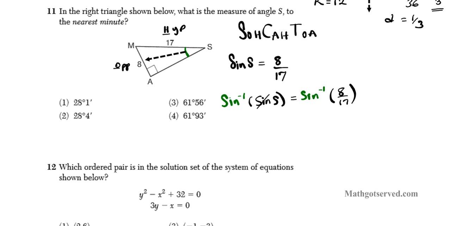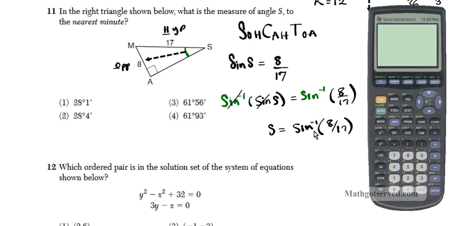All right, sine and its inverse are inverse operations, so you're going to have S equals the inverse sine of 8 over 17. Now we're going to use a calculator to determine the angular value that is equivalent to inverse sine of 8 over 17.